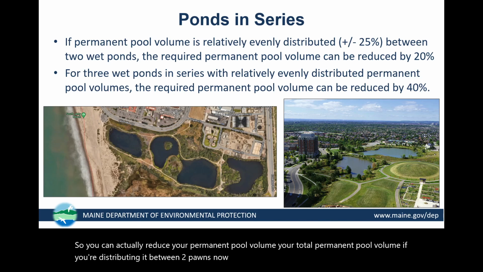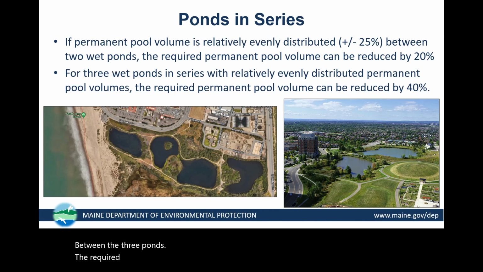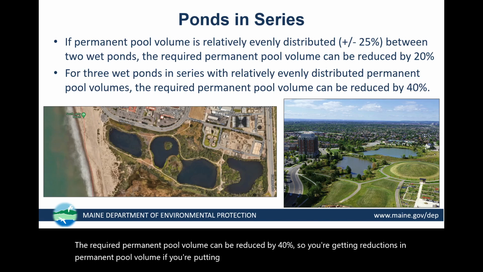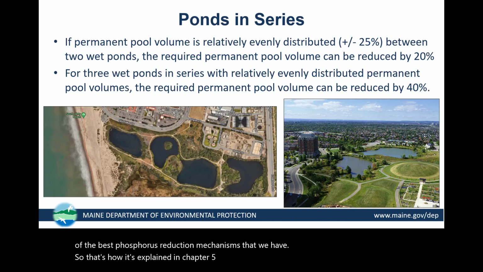Now, if you've got 3 wet ponds in series, assuming that you've got a relatively evenly distributed permanent pool volume between the 3 ponds, the required permanent pool volume can be reduced by 40%. So you're getting reductions in permanent pool volume if you're putting ponds in series. And ponds in series tend to be one of the best phosphorus reduction mechanisms that we have. So that's how it's explained in Chapter 500.